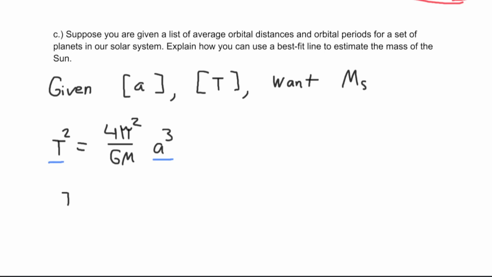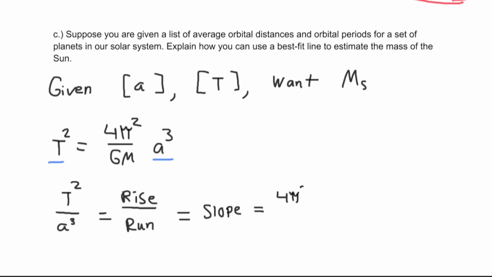So I get T squared divided by A cubed is equal to rise over run, which is equal to a slope, which is equal to 4 pi squared over GM.